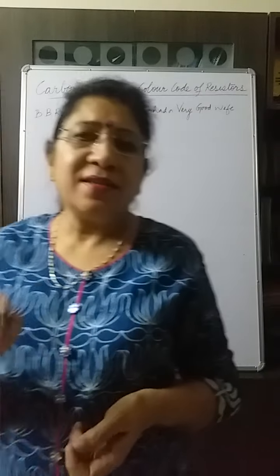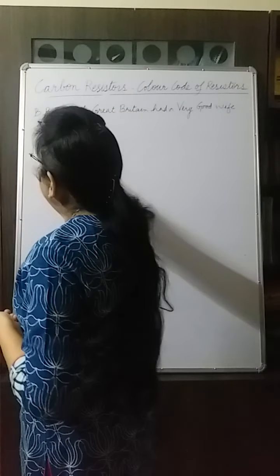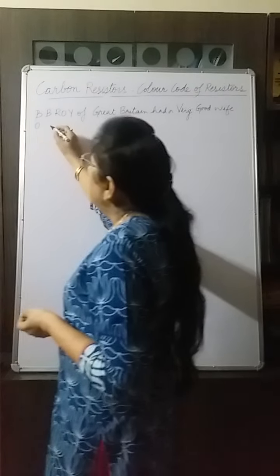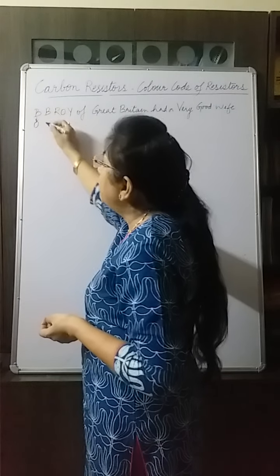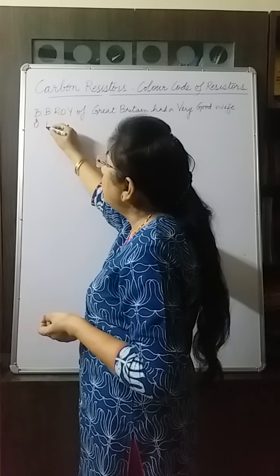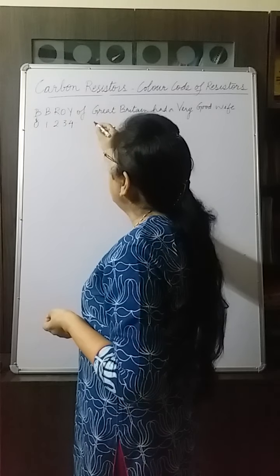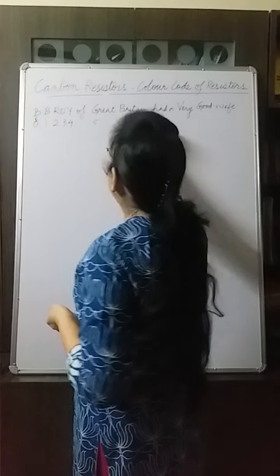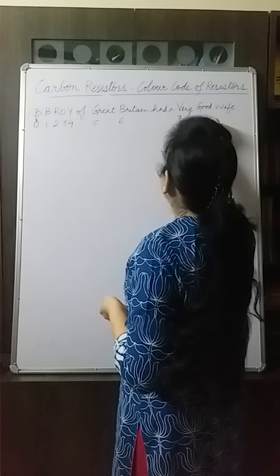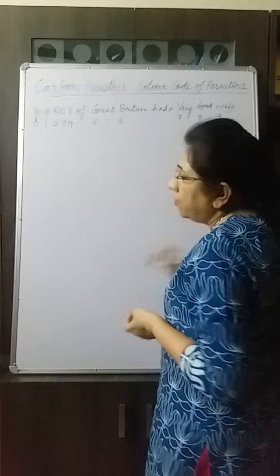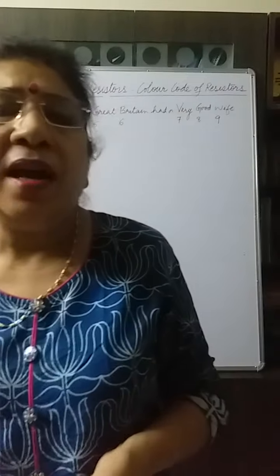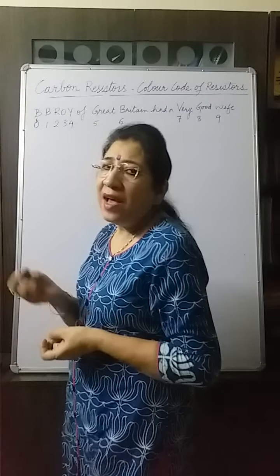Here I have marked some capital letters and some in small alphabets. The capital letters have a meaning. The value of B is 0 and so on, 1, 2, 3, 4, G has 5, 6, 7, 8, 9. We have 10 colors and their values are from 0 to 9. What do these values mean?